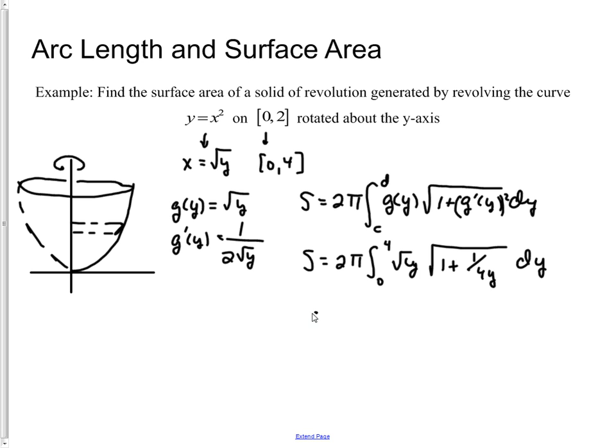And a little bit of rewriting is going to show that our integral is now the integral of 2 pi from 0 to 4 of the square root of 4y plus 1 dy.